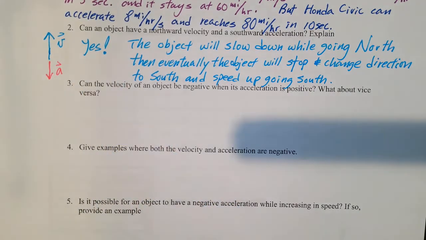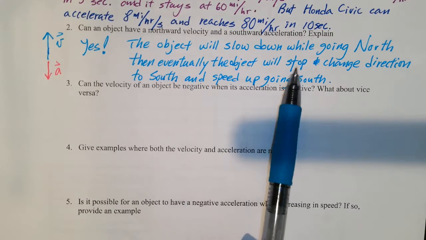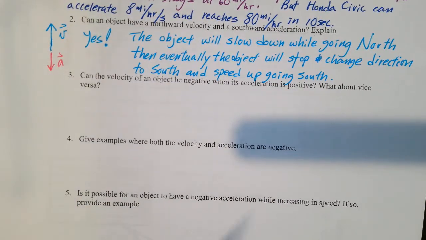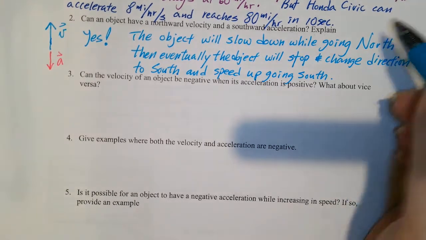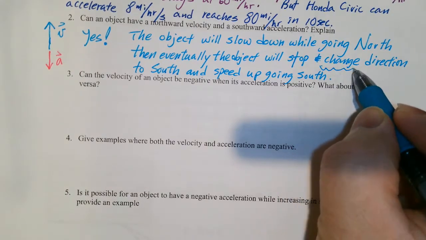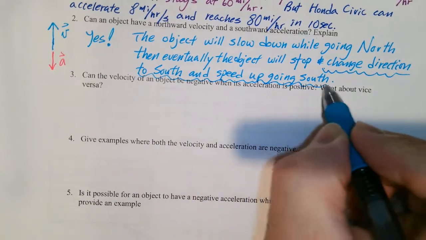Then the velocity becomes south and acceleration becomes south. But until this happens, we can have velocity going up north and acceleration going south. Okay? So maybe we can understand that this is only after it stops and changes direction.